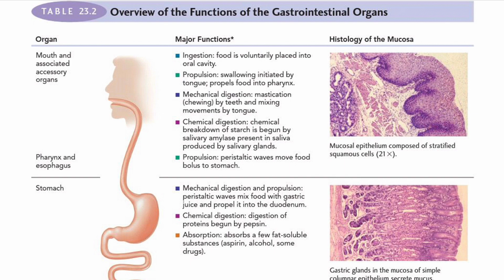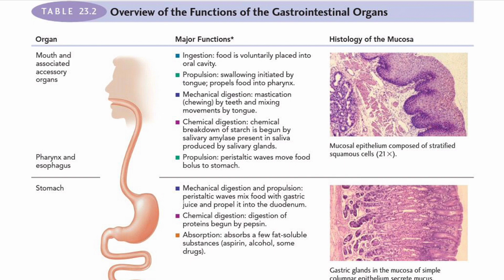So when we are going through the entire movie, here this is the digestive system. So you need to go through all the aspects of this chapter.